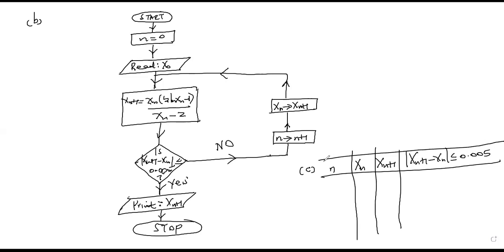So when the number of iterations is 0, we're told to use the initial approximation 3.4. When you use the initial approximation, you substitute it here. I told you that the best way is to substitute all this in your calculators, and then you can get the value of xn plus 1.